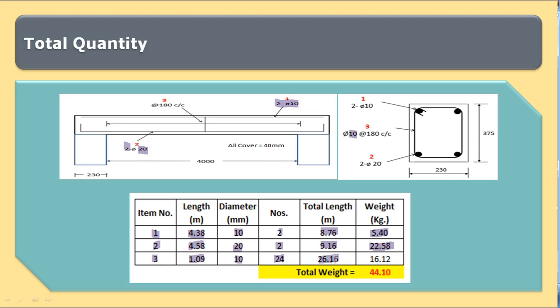And this 26.16 is multiplied with the density and area of the stirrup reinforcement. So the weight of stirrup reinforcement is 16.12 kg, and the total quantity of steel to be used in the construction of this beam is the sum of the weights for item 1, item 2 and item 3. So the total weight of the steel reinforcement is 44.10 kg.